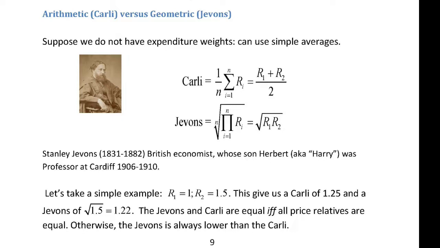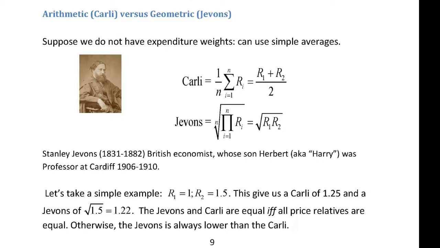Typically we take the price relatives and we simply take a mean. The mean is usually either arithmetic, in which case it's called Carli, or geometric, in which case it's called Jevons. So obviously, Carli is a gentleman we saw earlier, the Italian from the 18th century.